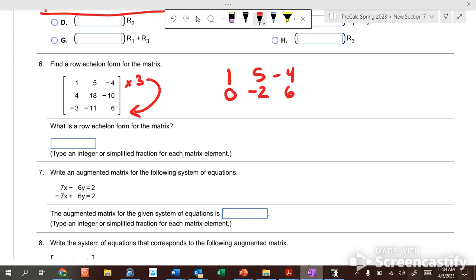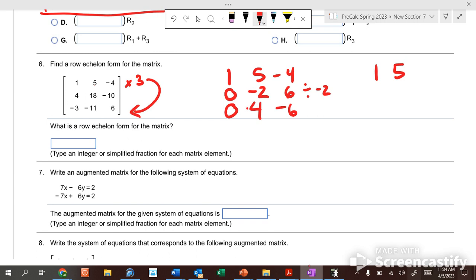So, 1 times 3 is 3, plus negative 3 is 0. 3 times 5 is 15, plus negative 11 is 4. Negative 12 plus 6, negative 6, right?